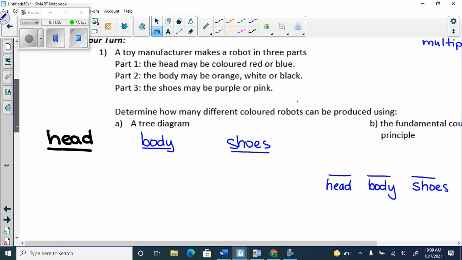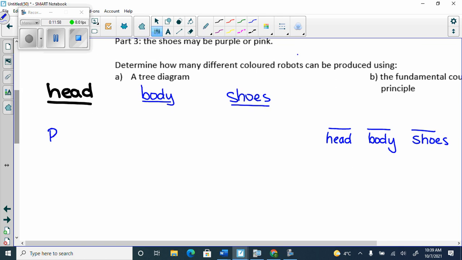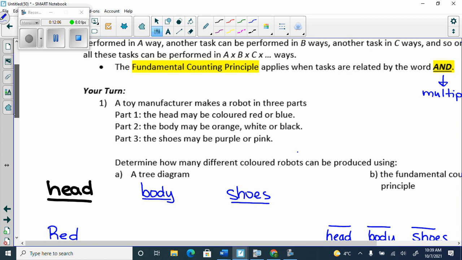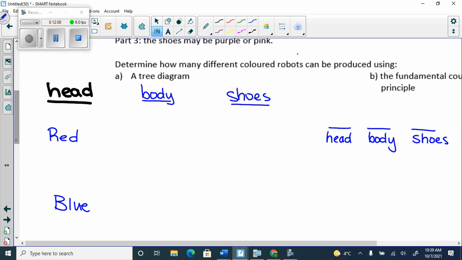So the head is in red or blue. So you're going to go red, and then you're going to leave a really big space and blue because you're going to have lots of colors off of it. And then off of the head, you're going to have the body, which is going to be orange, white, and black. Orange, white, black.